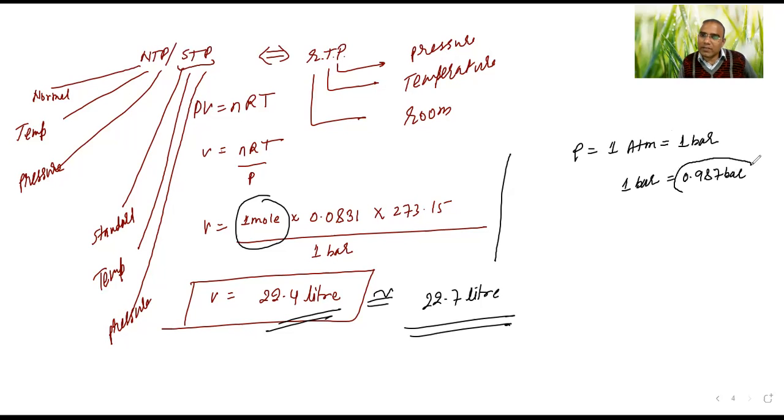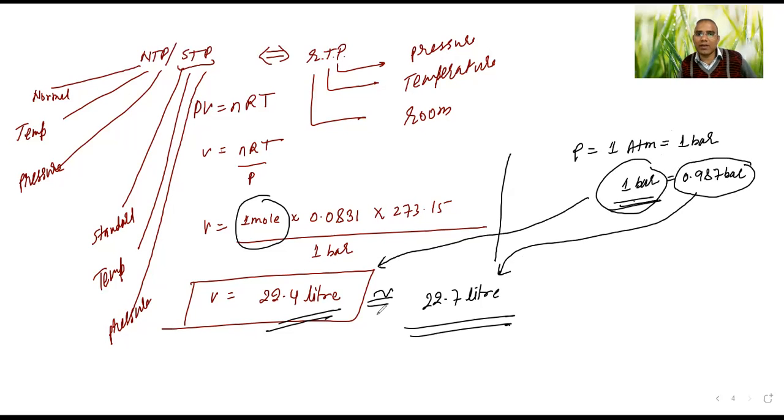If you put this value, with this approximation, this value will come. But what we do, instead of writing 0.987, we use 1 directly. If you use 1, this value will come. Got it? That is the difference between 22.4 and 22.7.